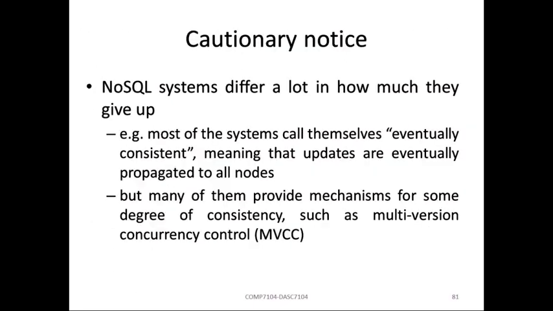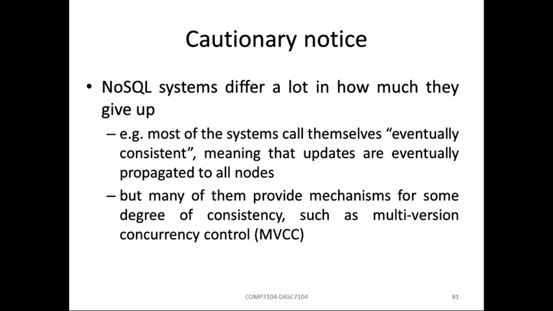Okay, now as a final note, many systems market themselves as eventually consistent because this is something that is quite fashionable, but in fact, they may have significant differences in terms of what they give up. Some of them may provide mechanisms for some degree of consistency or for some degree of concurrency control.